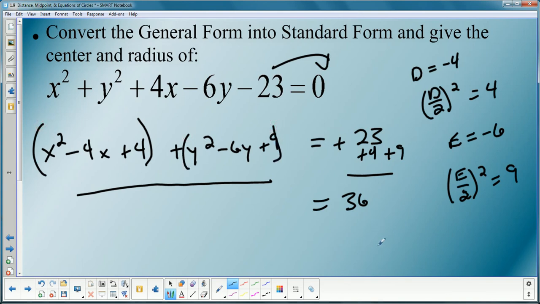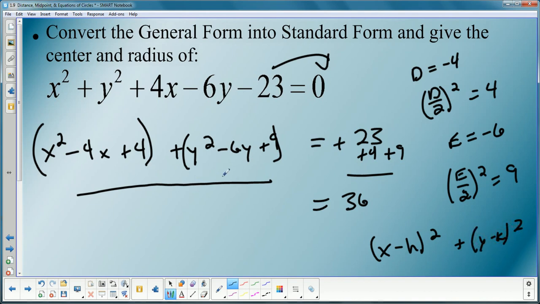Now here we need to look at these as two different entities. Remember, the whole goal is to get standard form, so we're trying to get it as x minus h squared and y minus k squared.